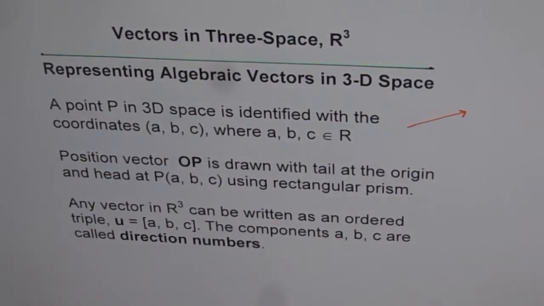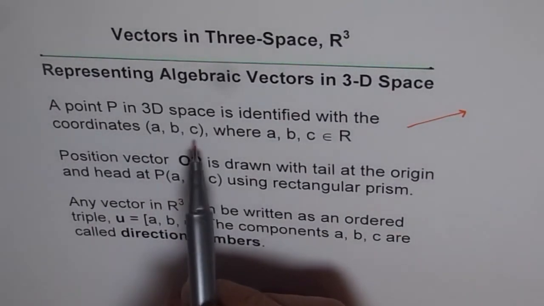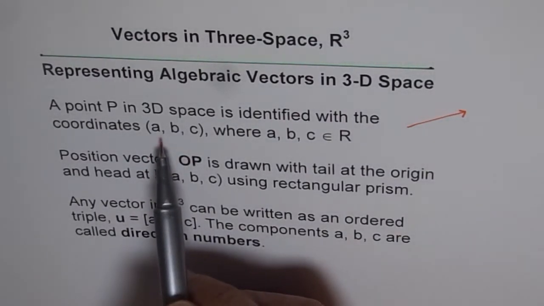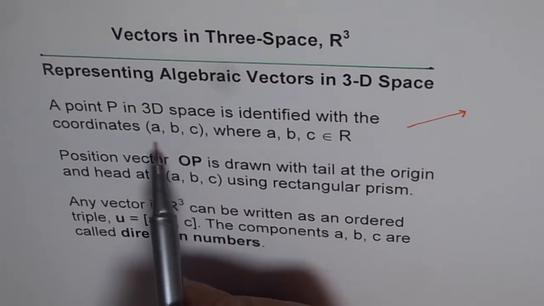So that is exactly like what we had in 2D space. In 2D space, the coordinates were 2, right? A and B. A along x-axis and B along y-axis. Now here we have z-axis also. So we have a triple here, right? Instead of a pair which we had there, we have a triple here. So instead of a coordinate pair, we call them an ordered triple.